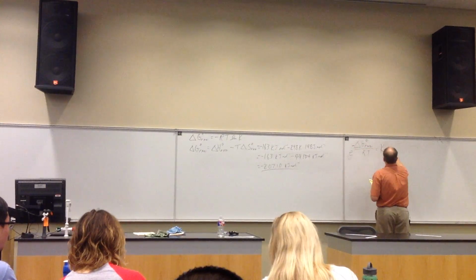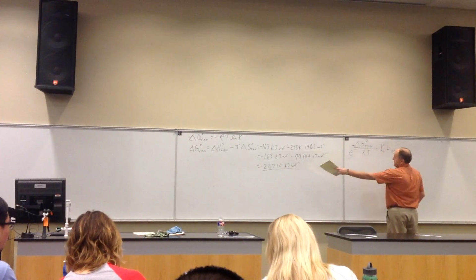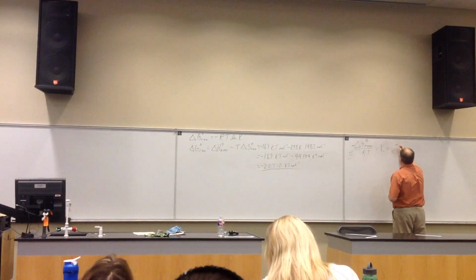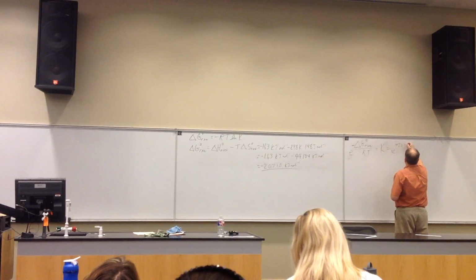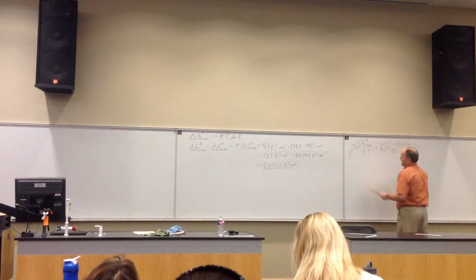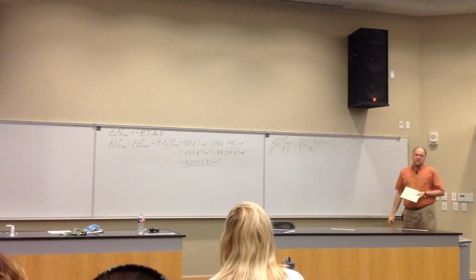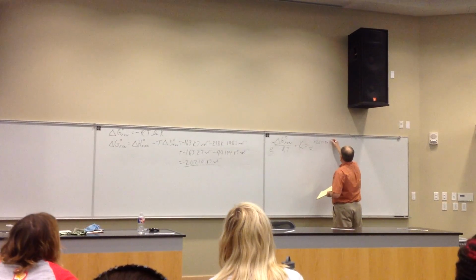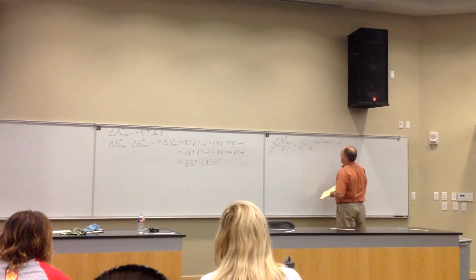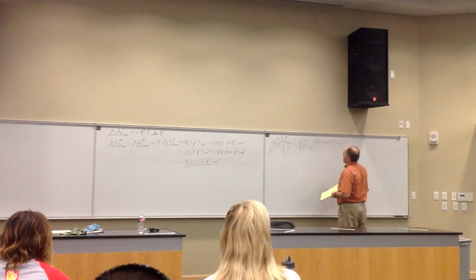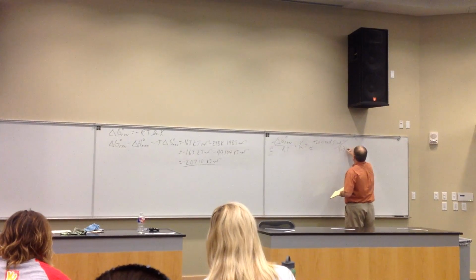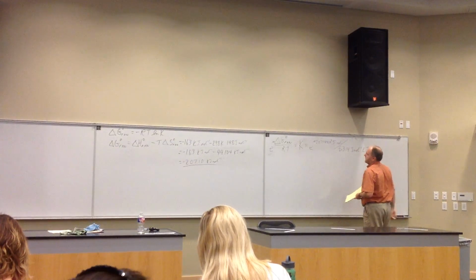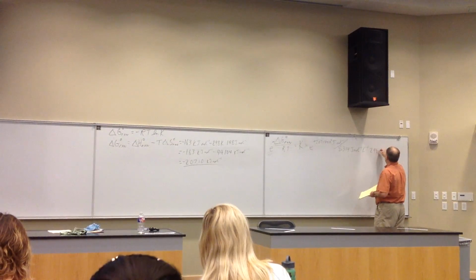So now it's plug and chug. E to the minus 207.10 kilojoules, but I have a minus sign in front, so it's going to be positive 207.10. My units on R are joules, so I'm going to go ahead and convert this from kilojoules per mole to joules per mole. And now I need to divide the whole thing by R, 8.314 joule per mole per Kelvin, times my temperature, which is 298 Kelvin.